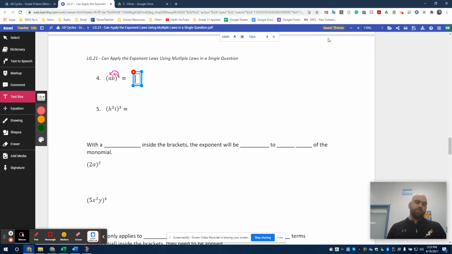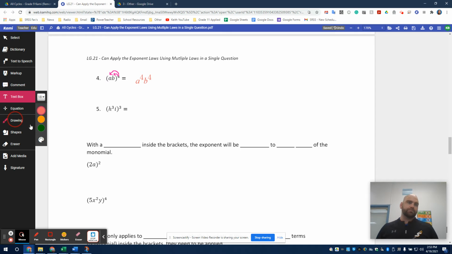So when we put it all together, this is going to be a to the power of 4 and b to the power of 4, and this is going to be our new monomial. There's 4 a's, 4 b's, put together in one multiplication statement. Because there's a 4 on the outside, ab to the power of 4 is the same as a to the power of 4 and b to the power of 4.